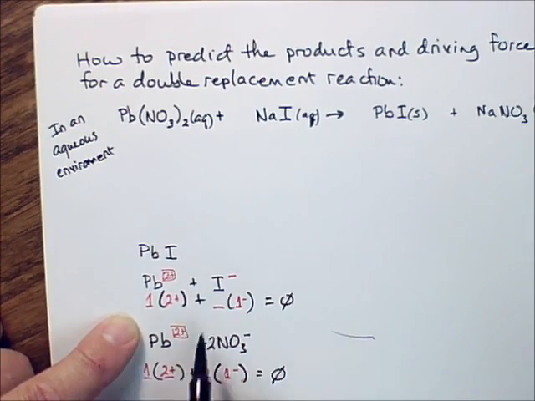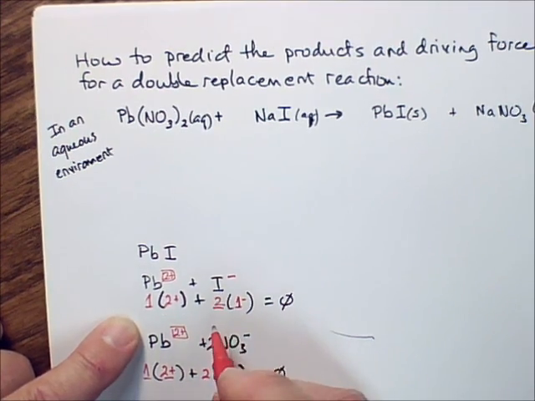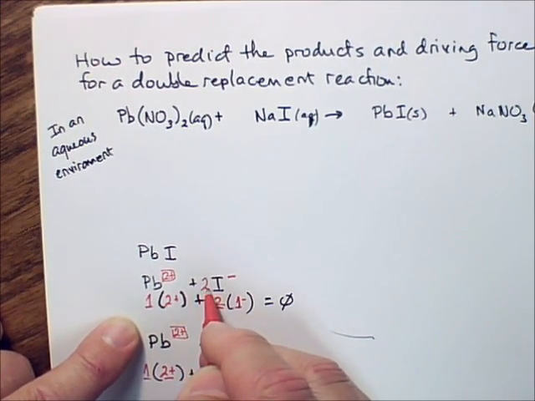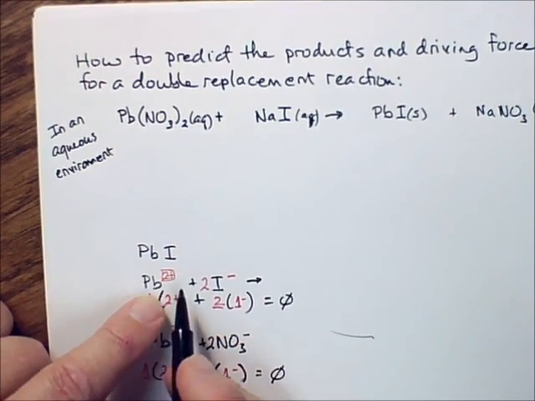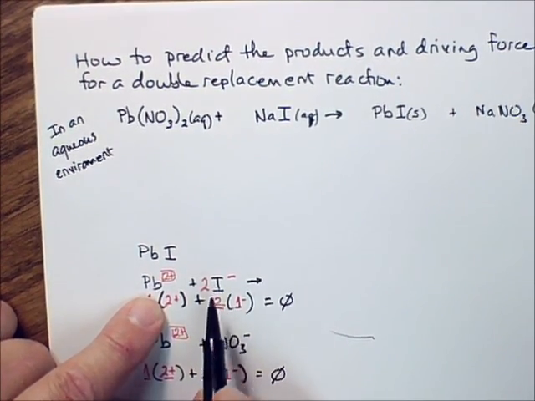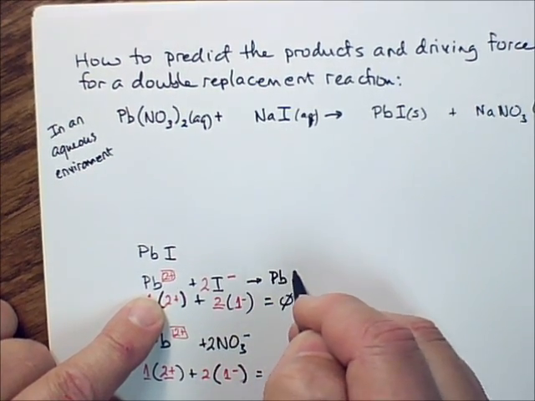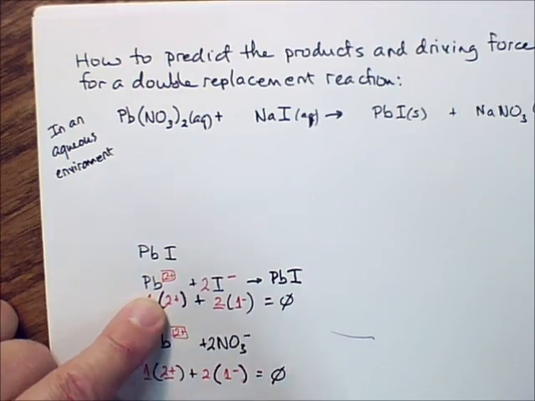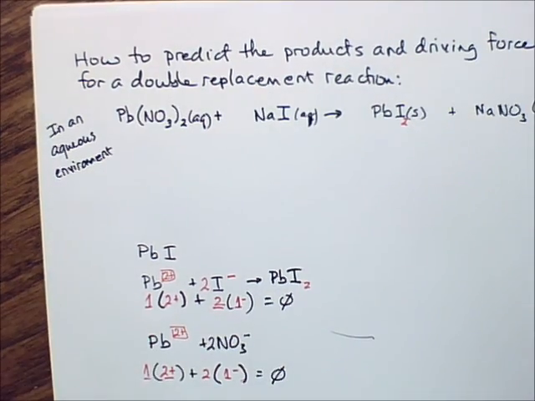The only number that works out here is to put a 2 in front of this, which means I need 2 iodides. And then when I put the formula together for this set of ions, we get 1 lead and 2 iodides. So the formula up here needs a 2 subscript after the iodine.